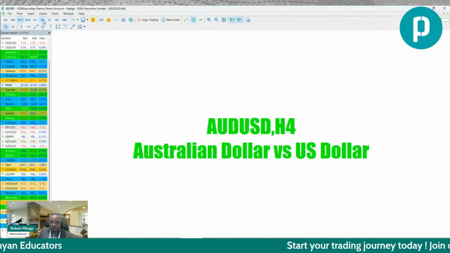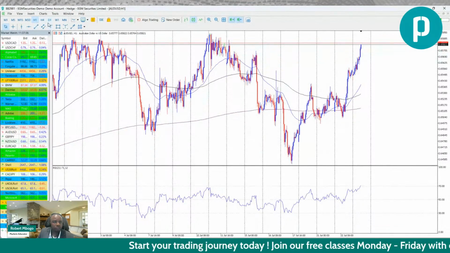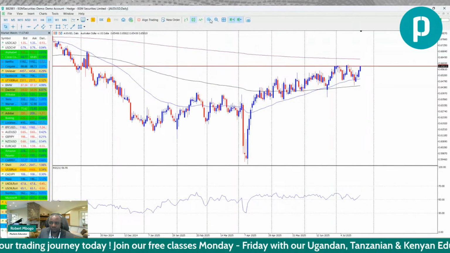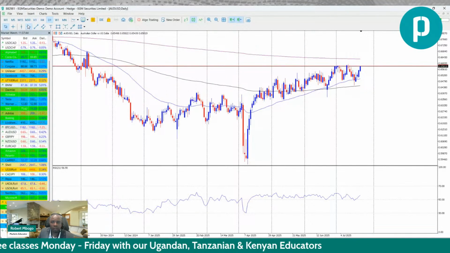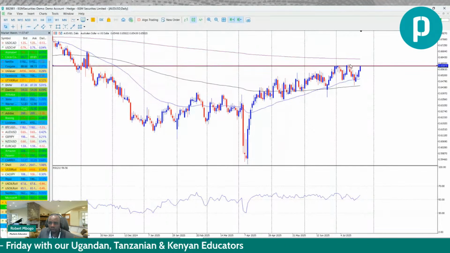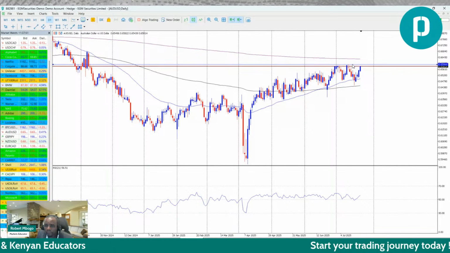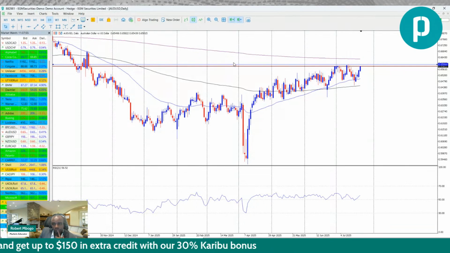So let's look at it from higher time frames. Seems like AUDUSD is headed to this high. That high, which is the monthly high, right?